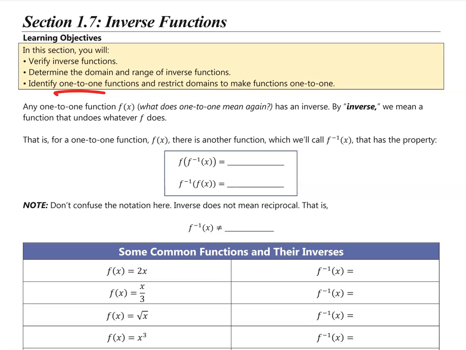So that is, for a one-to-one function, there is another function which we will call f inverse of x, that has the property of f of f inverse of x is equal to x, or f inverse of f of x is also equal to x. This is like, we cancel this, is equal to x, with this is equal to x. And take note that f and f inverse undo each other.